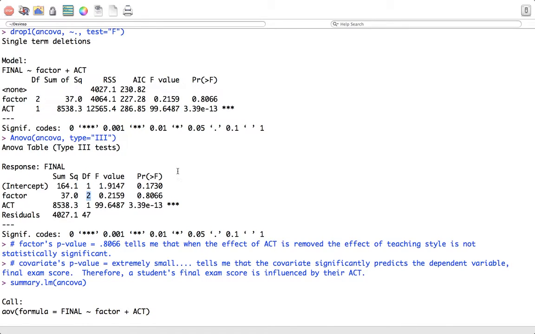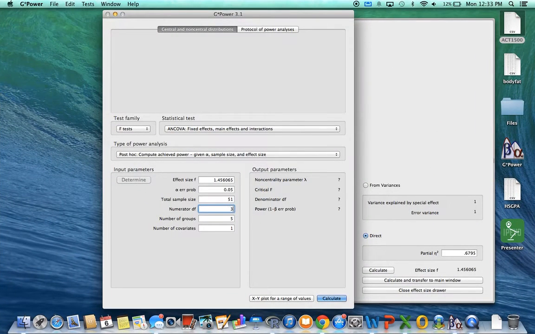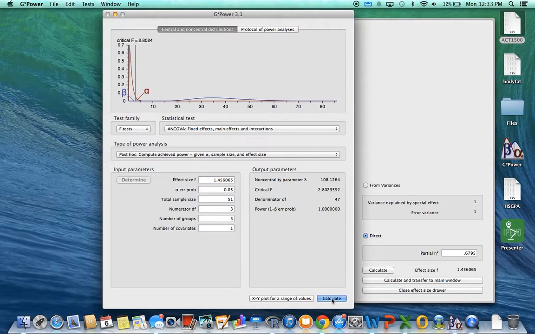No, wait a minute, that's not right. The degrees of freedom for the numerator would be 3. And the number of groups were 3. And the number of covariates is equal to 1. So, tons of power. Now, let's come over here.